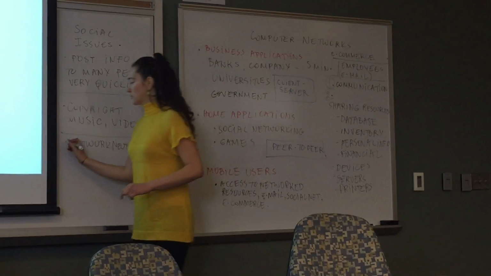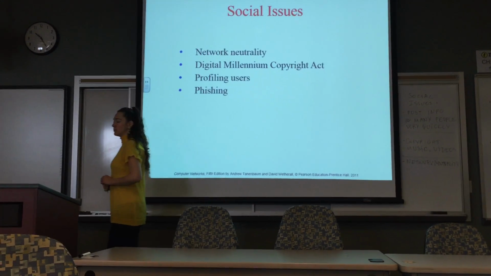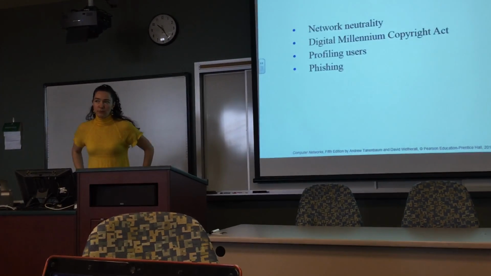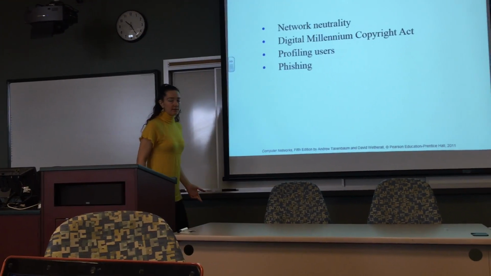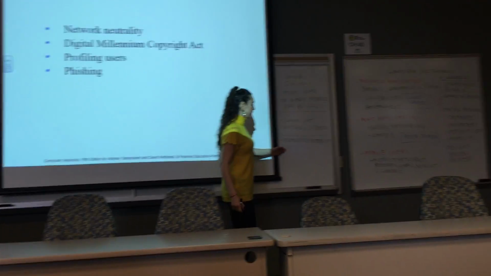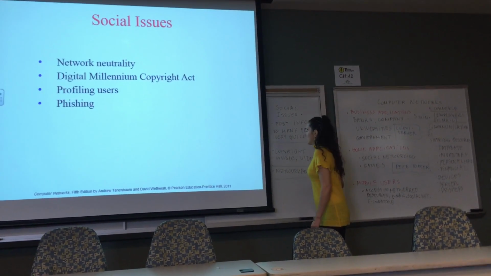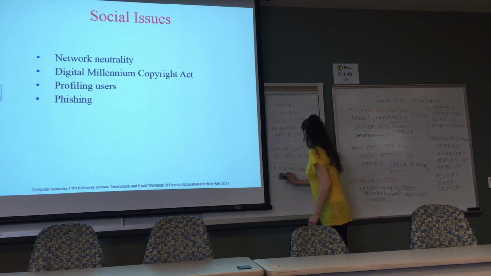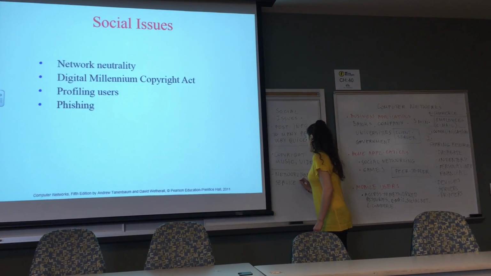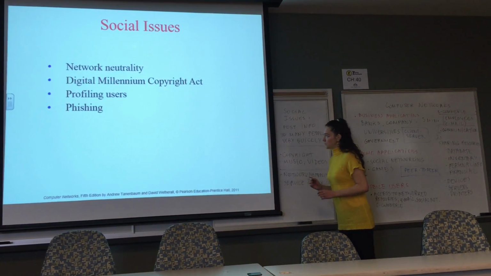So let's say the network service providers decided to give better service to the richer people and not a very good service to the more poor areas or something like that. Then we have a network neutrality or divide issue. So the service is better in some areas because of that reason.